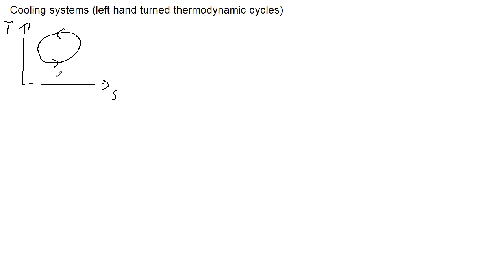It works in a way that it has some heat input on one side, then you put in some work so that you upgrade the heat, or increase its temperature, and you have heat output at the other side. So you have Q in, Q out, and work input.